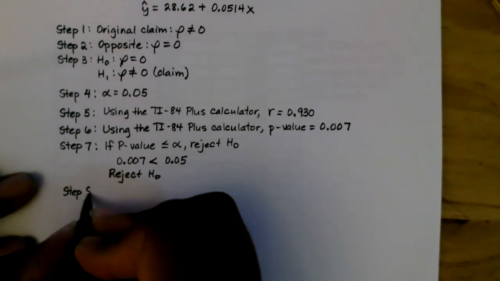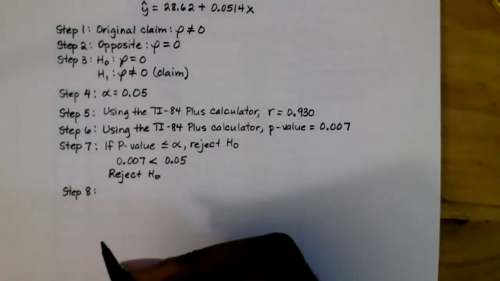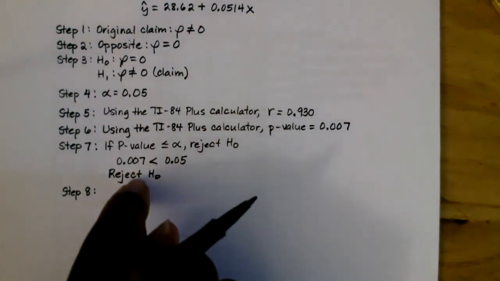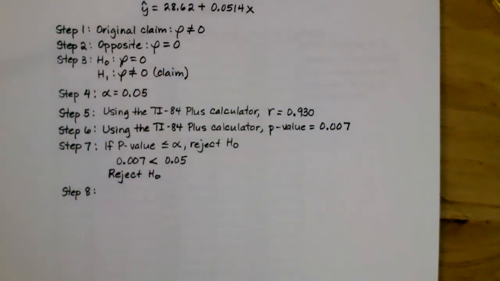And then step number 8 is our conclusion using simple non-technical terms. The claim was the alternative, we rejected the null hypothesis. So that means that there is sufficient evidence to support the claim.